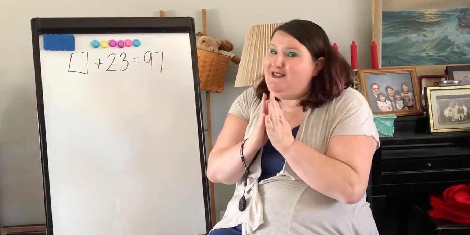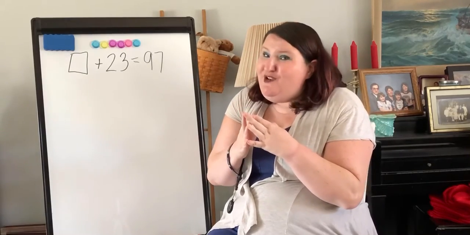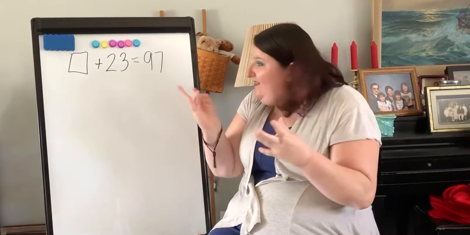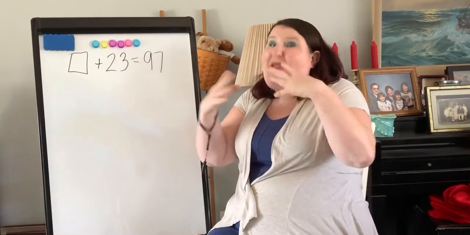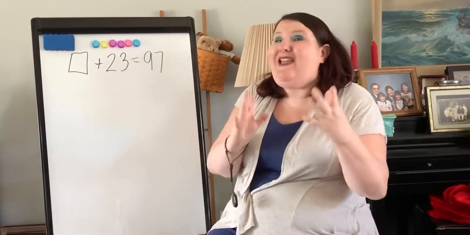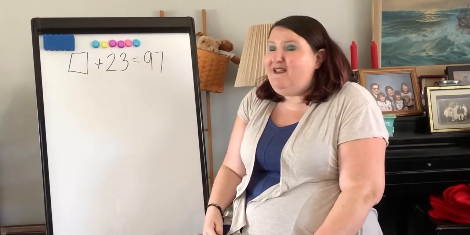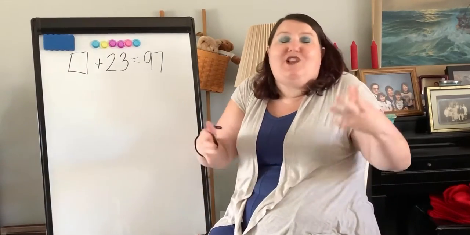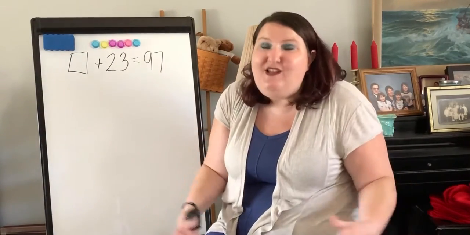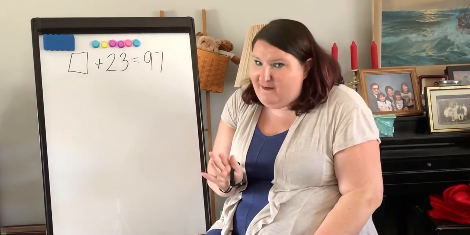We do not want to add the numbers together this time. If we were to take these two numbers and add them together, we would end up with an even bigger number. And if I take that bigger number and put it in the unknown box, if I were to add 23 to that bigger number, boys and girls, it's going to end up being bigger yet. So we do not want to add these numbers together.